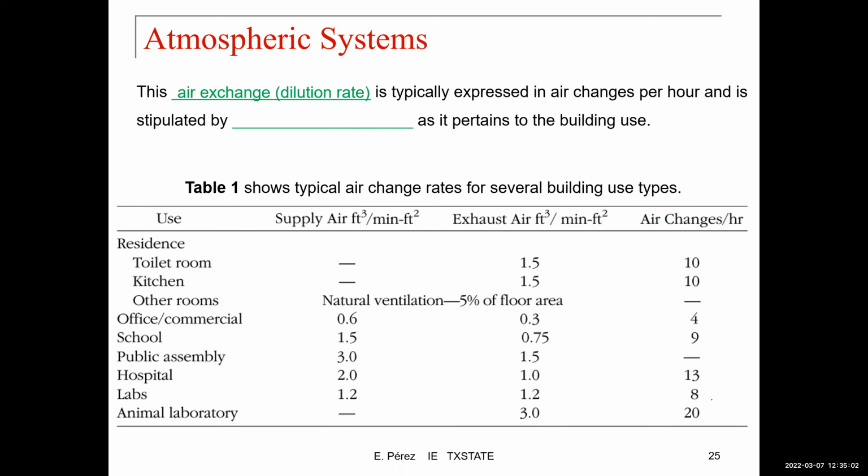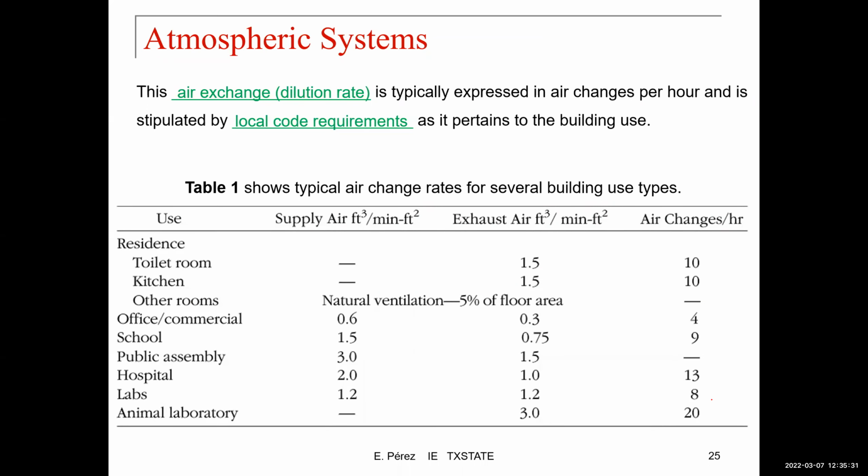So we talk about the air exchange dilution rate. It's typically expressed in air changes per hour and is stipulated by local code requirements, depending again on the type of building and the type of use that you're giving to an area of the building. So here in table 1, we have different requirements in terms of air exchange rates for several building use types.